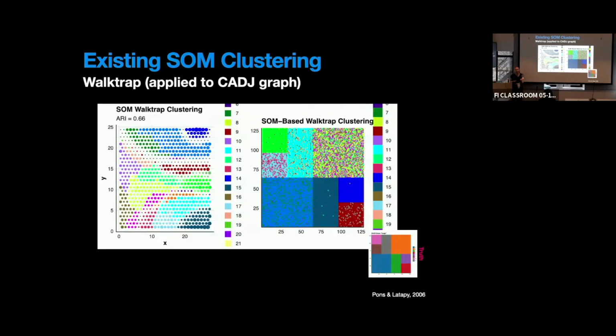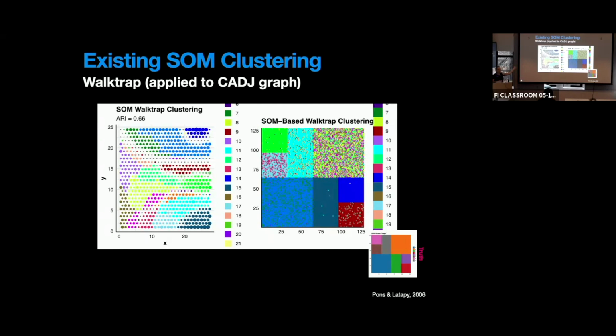You have random walkers that walk across the graph looking for sub-communities. And when you have communities, they get trapped in those communities. So that is how you identify the clusters, this walktrap. Okay. So up here is a metric, the adjusted rand index, which indicates how well our clustering did.